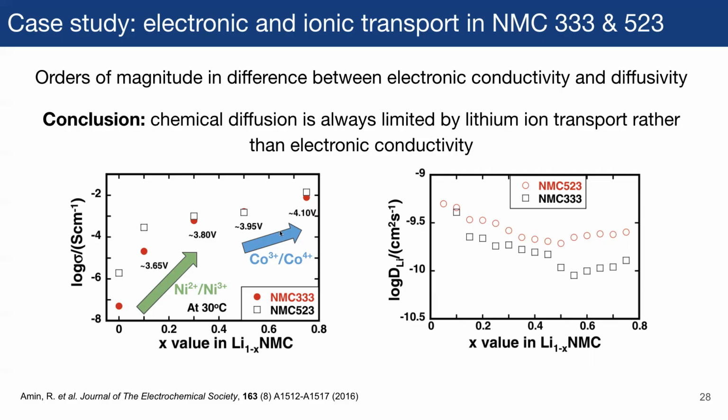And that's really coming from the fact that they could see that as a function of delithiation, our electronic conductivity is increasing, and it's orders of magnitude higher than our ability to conduct lithium ions through our structure. And basically, just by using EIS in this way, they were able to see that this chemical diffusion is always limited by lithium ion transport.